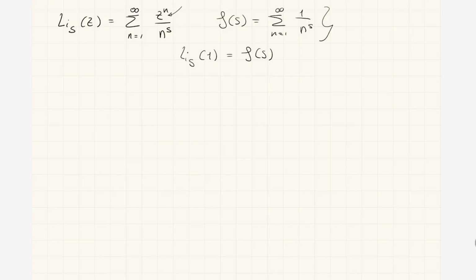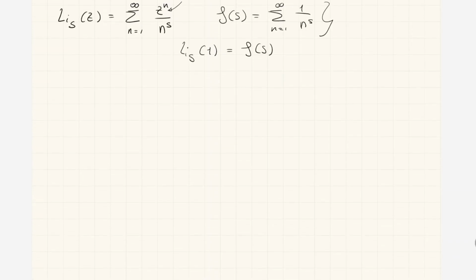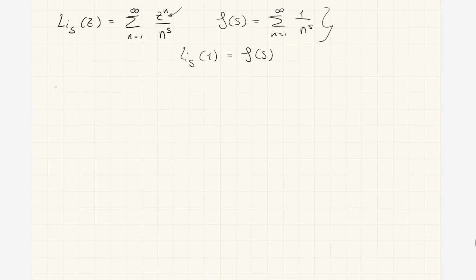Okay, so in this video we want to prove some fundamental relations regarding the polylogarithms. First of all, we want to start with the derivative. What happens if we take the derivative with respect to z of the polylogarithm?